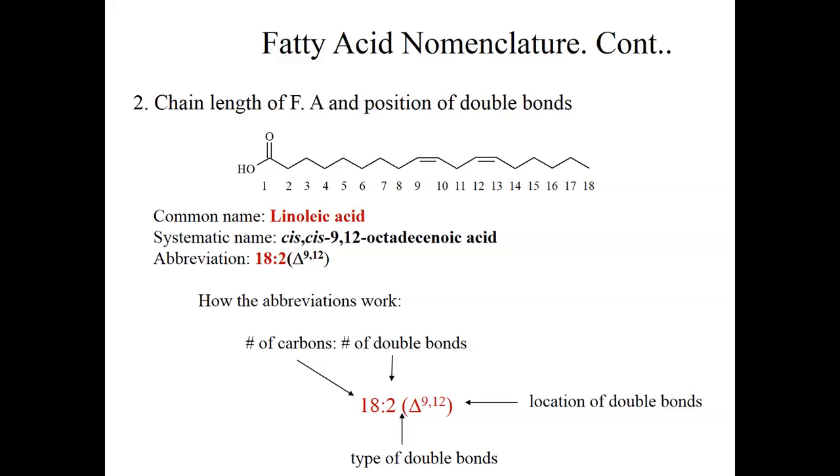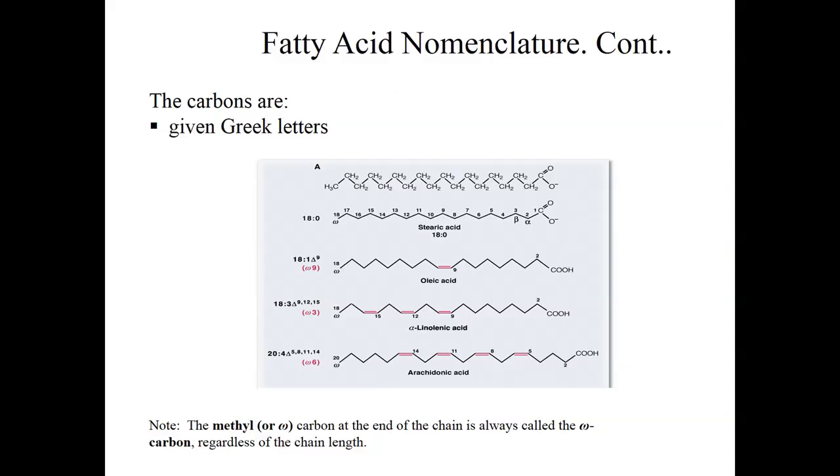Now the double bonds are at position 9 carbon, and position 12, okay? So the abbreviation, so 18 carbons, and it has 2 double bonds and the position of the double bonds, okay, for the nomenclature. Okay. So this is our unsaturated fatty acid.